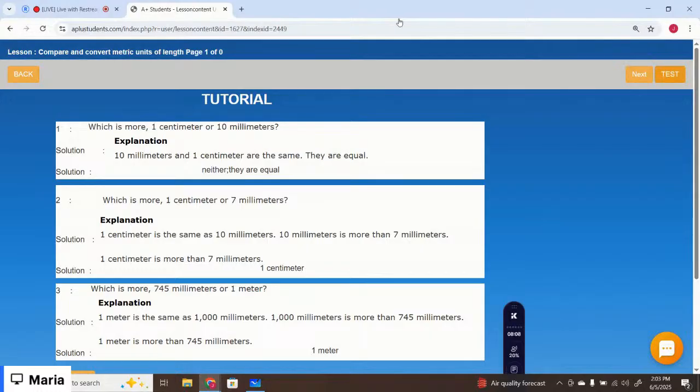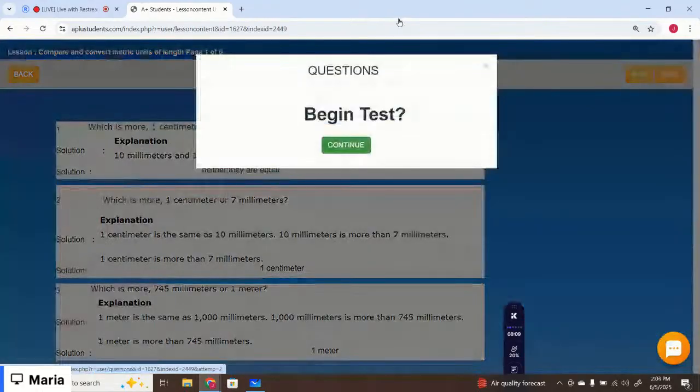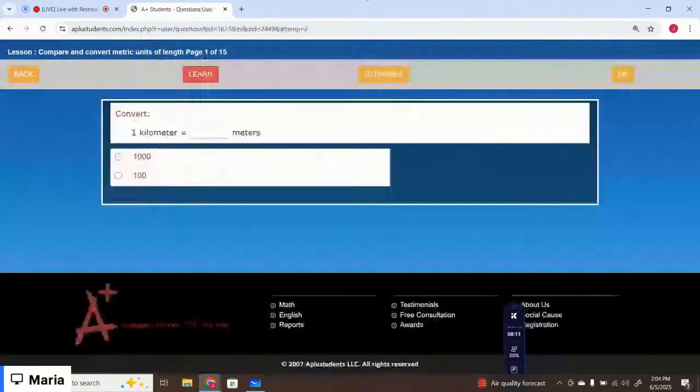Let's start with the test questions. 1 kilometer equals how many meters? 1 kilometer equals 1000 meters. Option number one is the correct option.